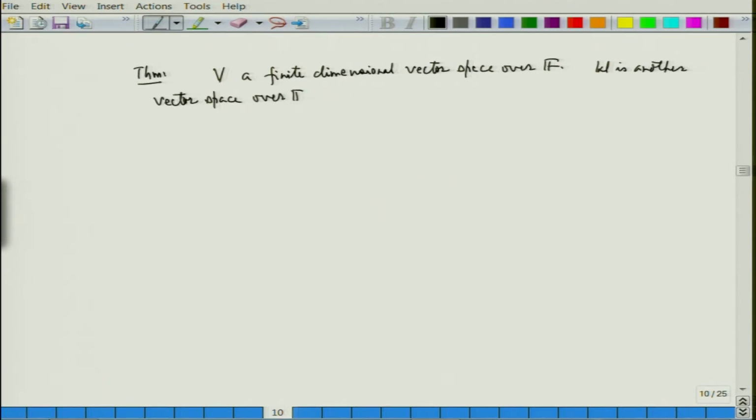I am not saying that W is finite dimensional, I am just saying that V is finite dimensional, so V has a basis.